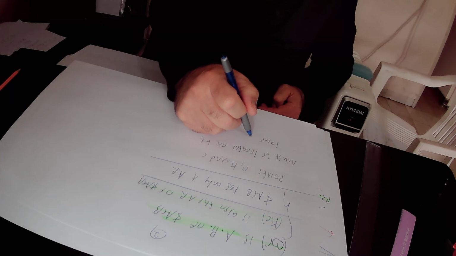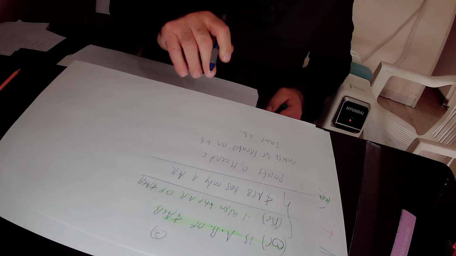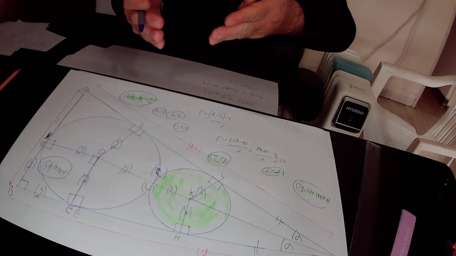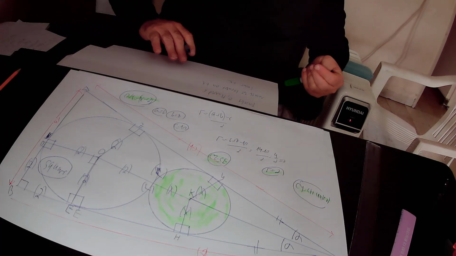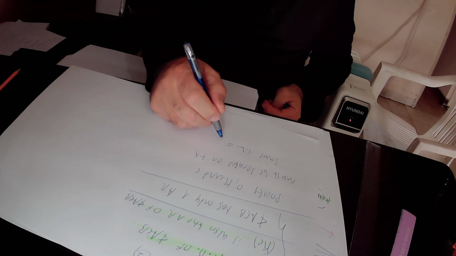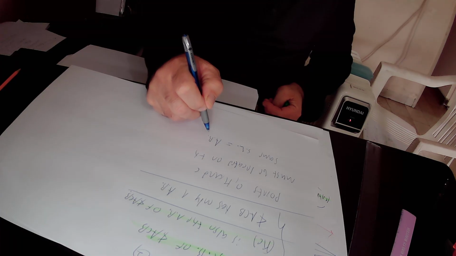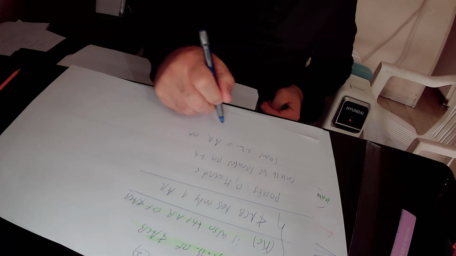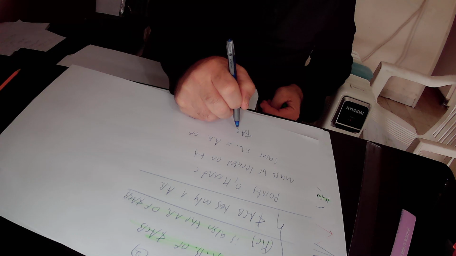Here SL is the abbreviation for straight line. And what is the straight line? The straight line is of course the angle bisector of angle ACB.